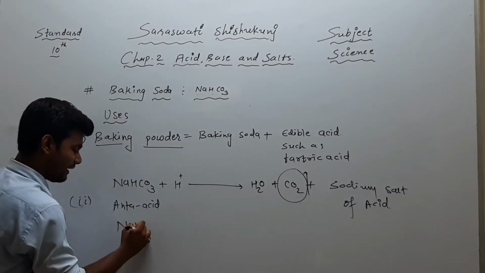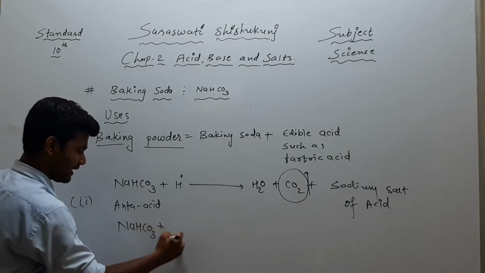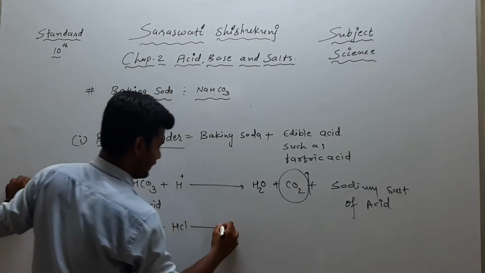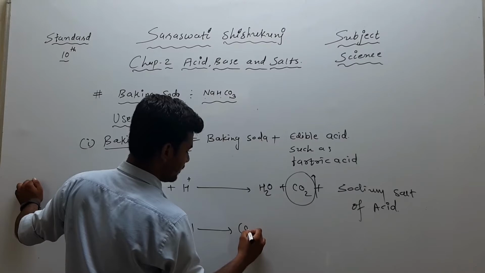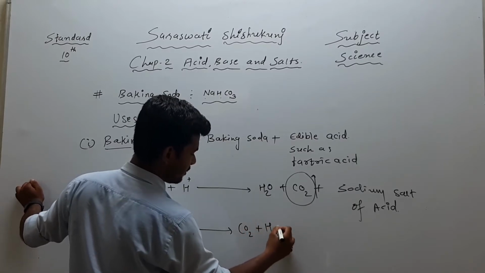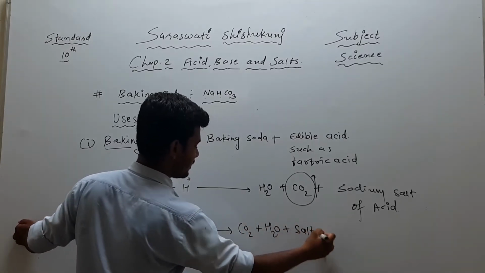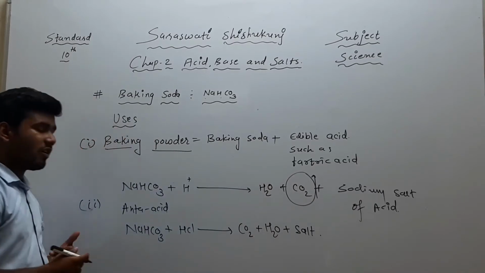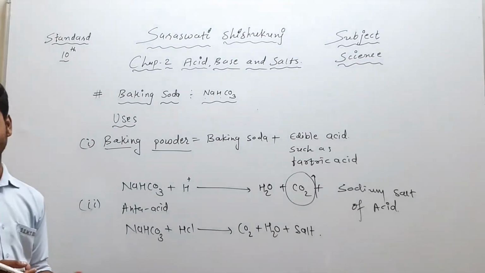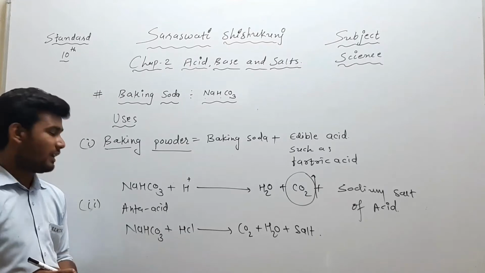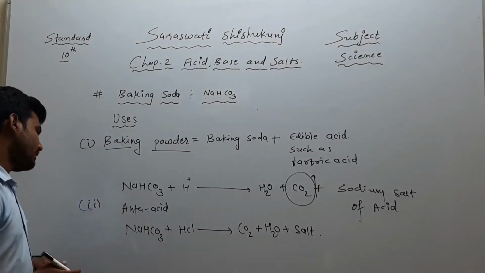So we can say that NaHCO3 plus HCl will give us carbon dioxide plus water plus salt, right? So in the process of neutralization of excess acid secreted in the stomach, this baking soda is used.